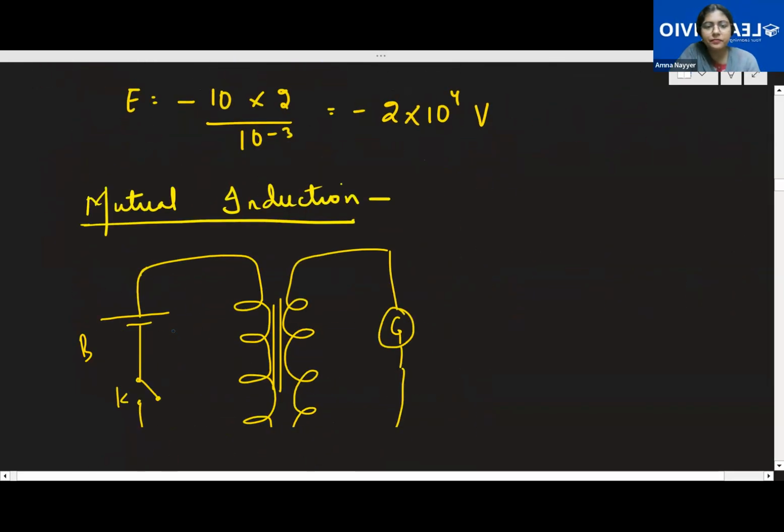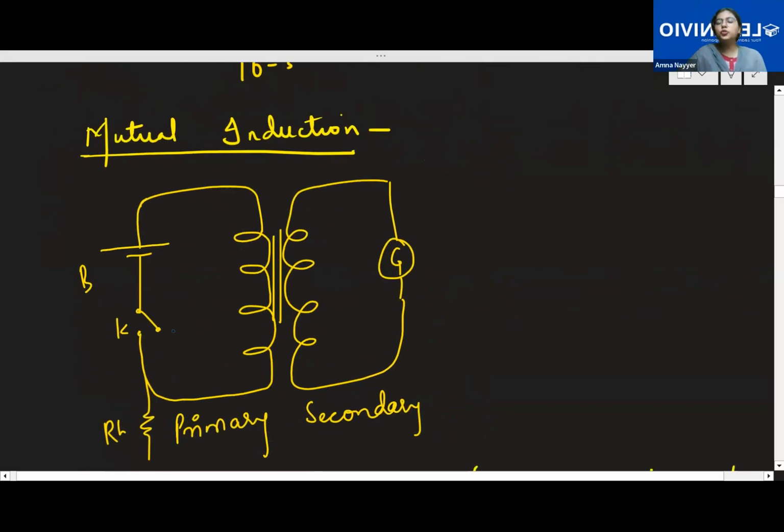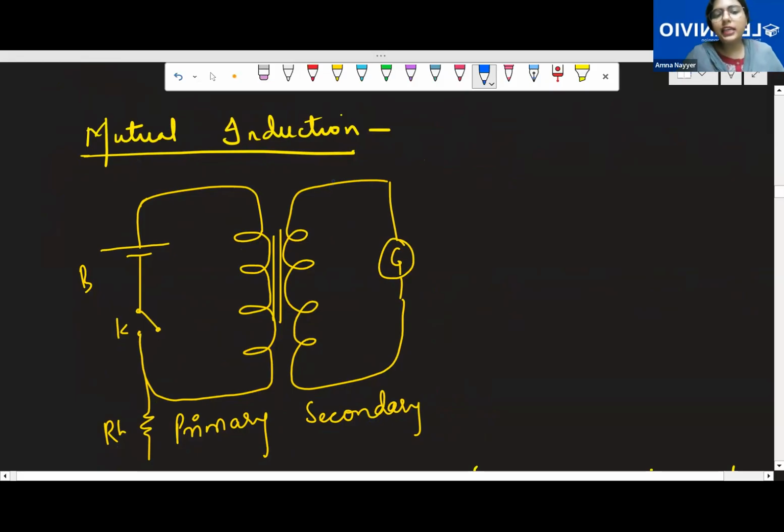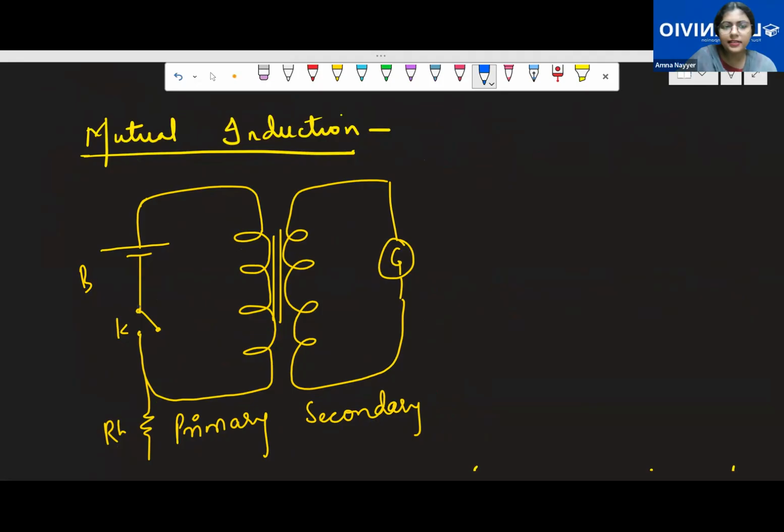Okay. Now talking about the second term, mutual induction, which I told you in the starting. Now see here, magnetic field and the magnetic flux. See, this is one conductor, battery is connected, a key is present, even a rheostat is connected to modulate the current, and this is the coil present. There is one more coil where galvanometer is present.